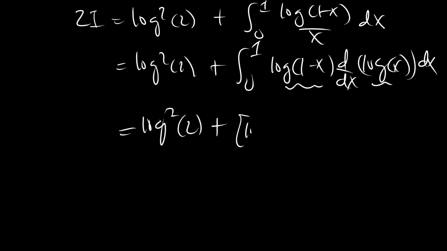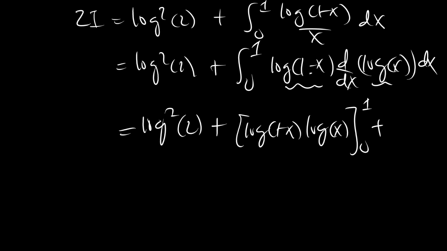We have log of 1 minus x times log of x from 0 to 1, minus the integral of the derivative of this, which becomes negative, so we have plus the integral from 0 to 1 of log of x over 1 minus x.